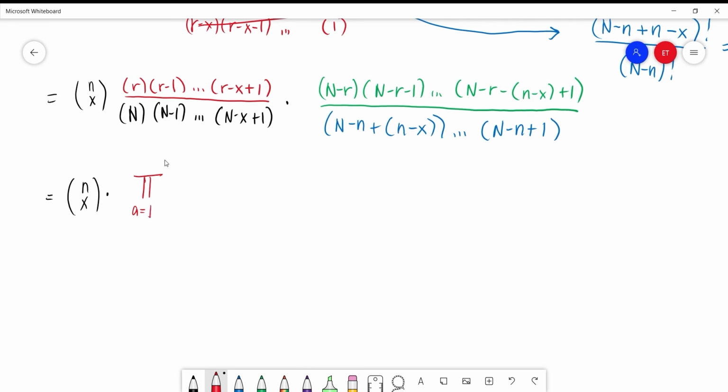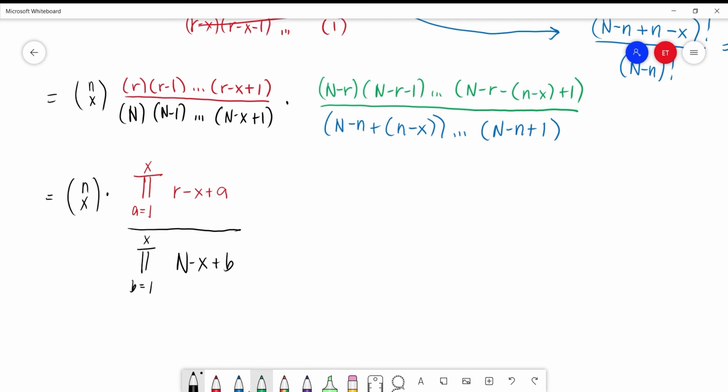And here, we write x. Let's just copy it, r minus x, then any integer a. So for the denominator, let's write b is equal to, again, 1. And it's gonna end when b is equal to x. Then we copy it and minus x plus b.